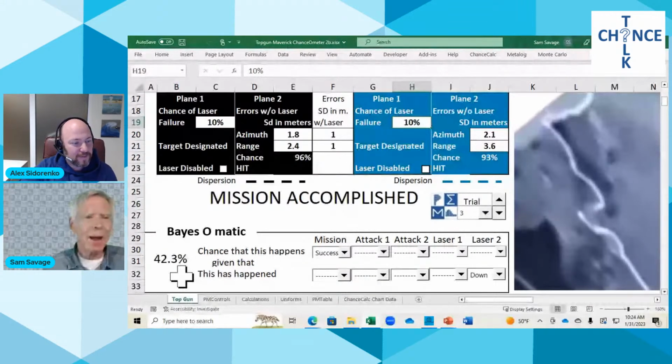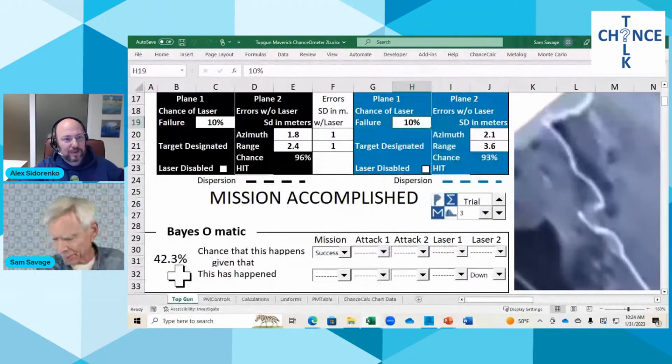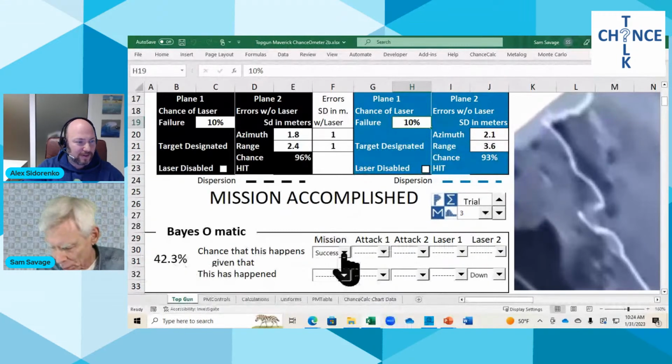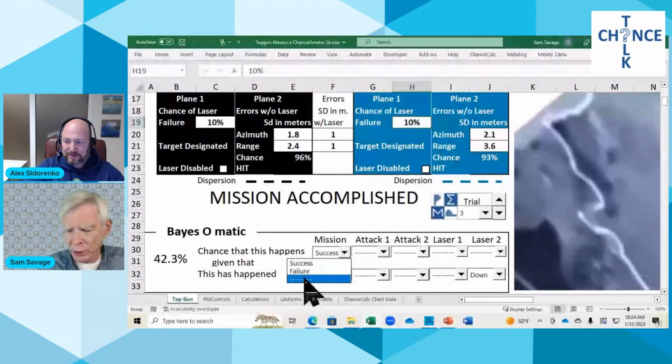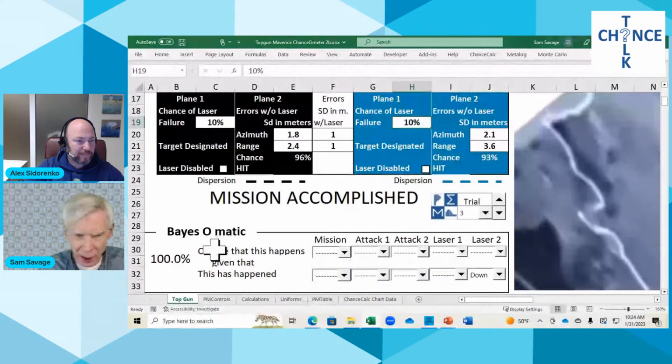Okay, now let's get to the good part. Notice this. What's the chance that something happens given that the laser is down? Well, it's 100%, of course. So the little dashed lines just say we don't care what happened here.